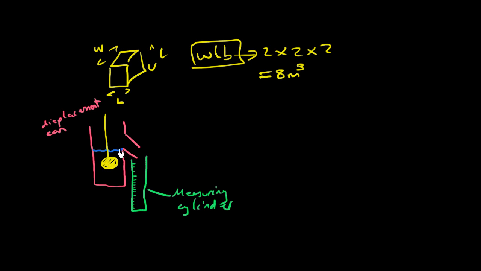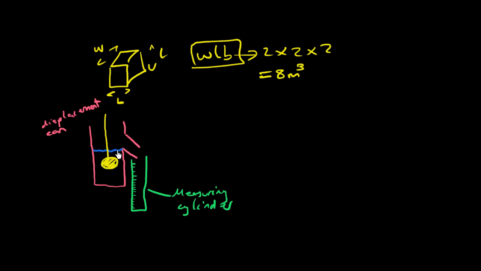If this water is here at the surface and the edge, when you put this in, exactly the same volume of water as the solid that you're putting in is going to be displaced, meaning that it's going to be pushed. It can't occupy that space anymore. Before, the water was here, and now it has to give way for the object that you're putting in, so it gets out of the way.